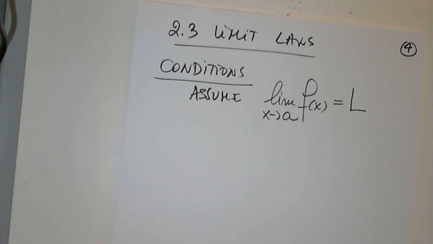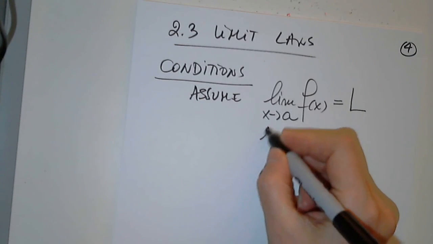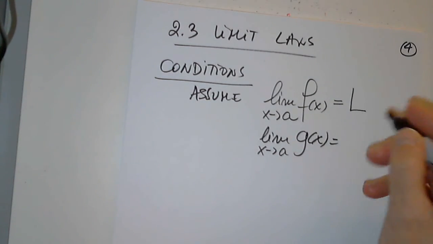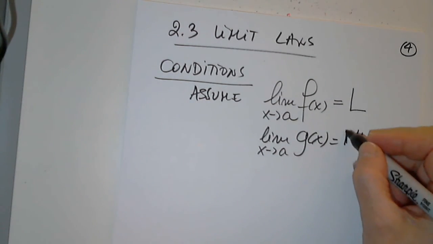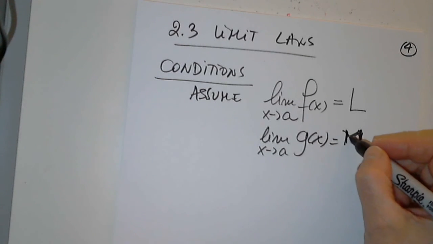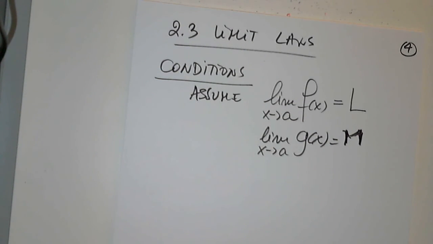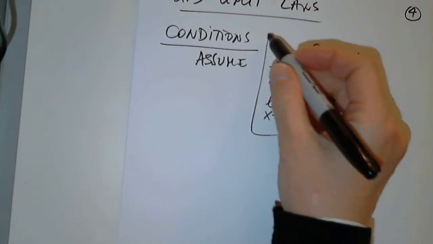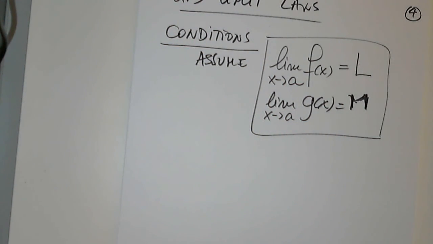Let's call it L. It doesn't matter. It's a number. When we say the limit exists from either side, we really mean that it's a number, not infinity. And let's also assume that the limit as x approaches a of g of x is another number. So this one exists as well. Let's say this is M. Based on this assumption, and if this assumption is not validated, the limit laws fail.